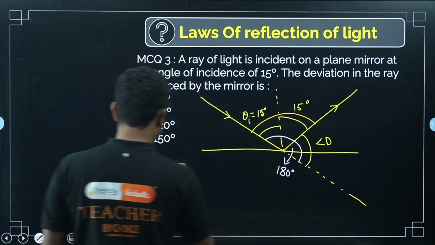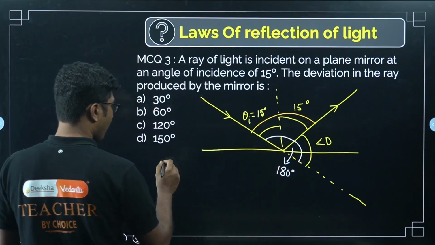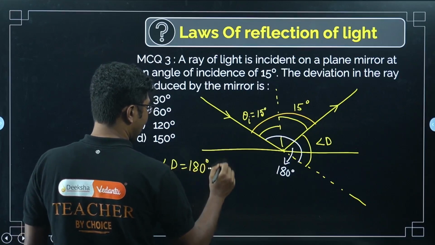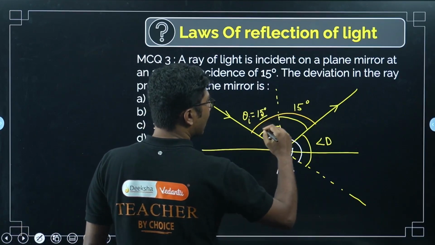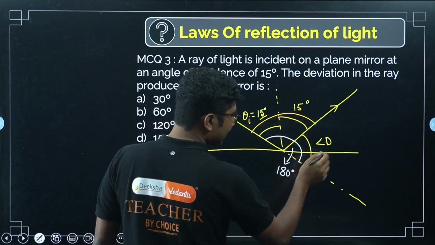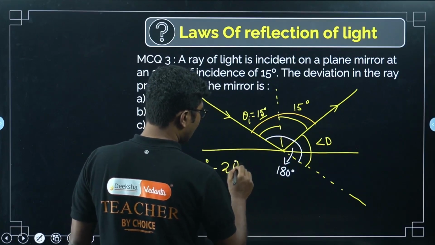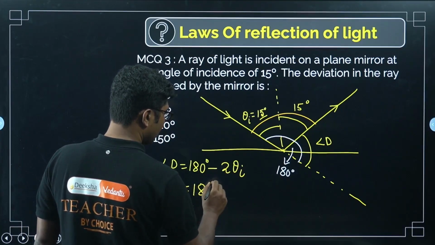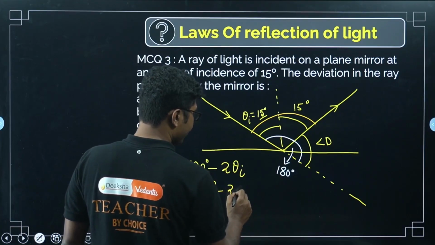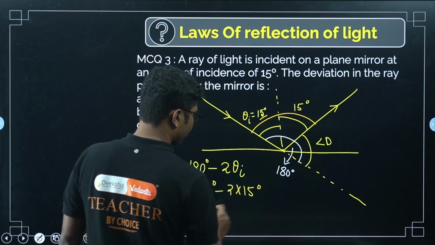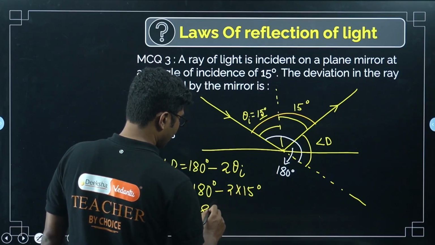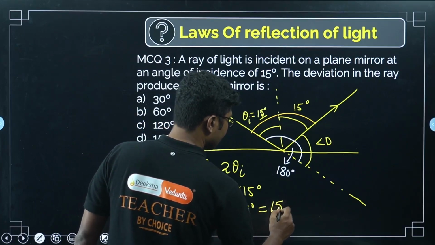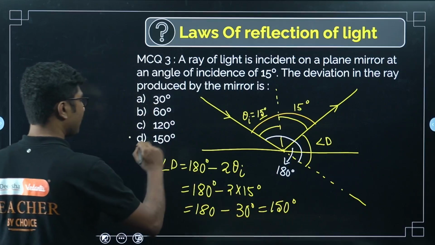So angle of deviation, angle D, is basically 180 degrees minus (theta I plus theta R), that is another theta I, so it will be 2 theta I. Simple formula. So 180 degrees minus 2 times 15, so it will be 180 minus 30, so it will be 150 degrees. Okay, simple problem, simple answer.